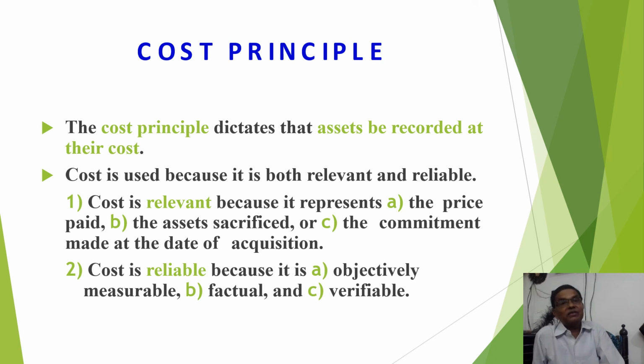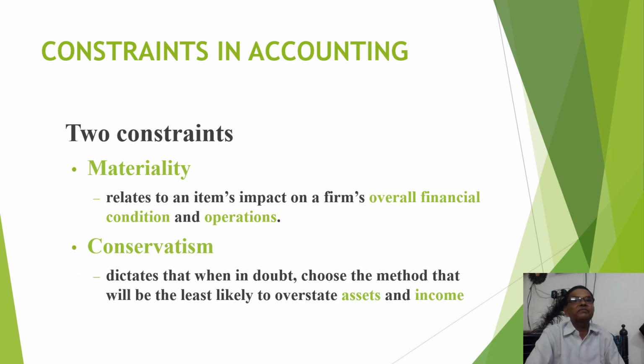So these are the three basic things. Cost is reliable because it is objectively measurable, factual, and verifiable. So these all are the basic features of cost. So we are recording all the information, all the transactions at cost in accounting.